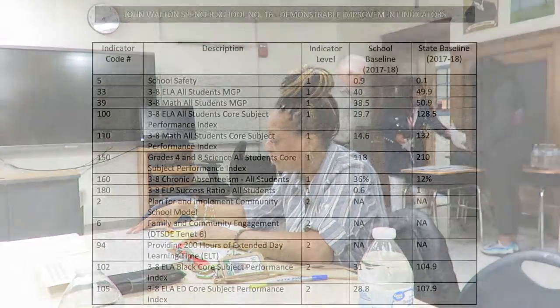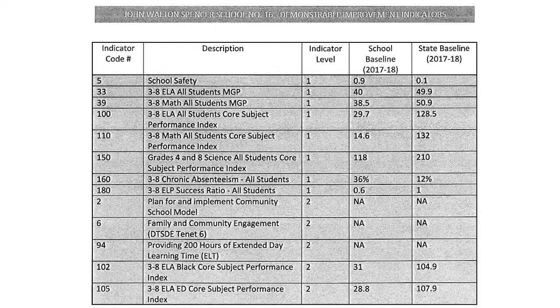We have school safety. We have grades 3 through 8 ELA, all students. MGP, we have 3 through 8 math, all students. We have 3 through 8 ELA, all students core subject performance index. 3 through 8 math, all students core subject performance index.